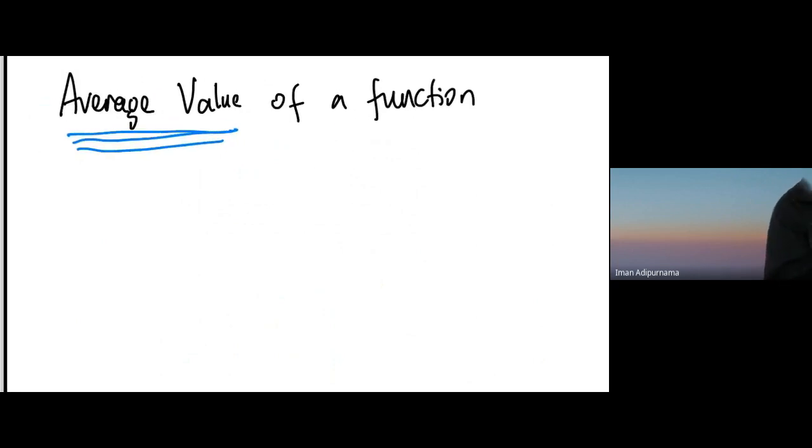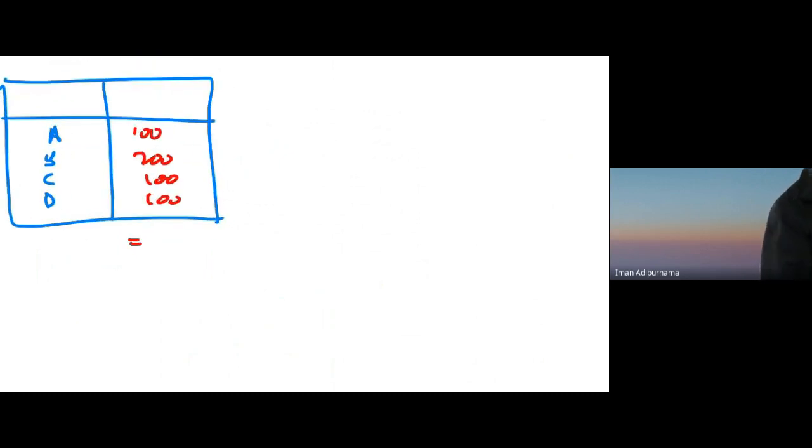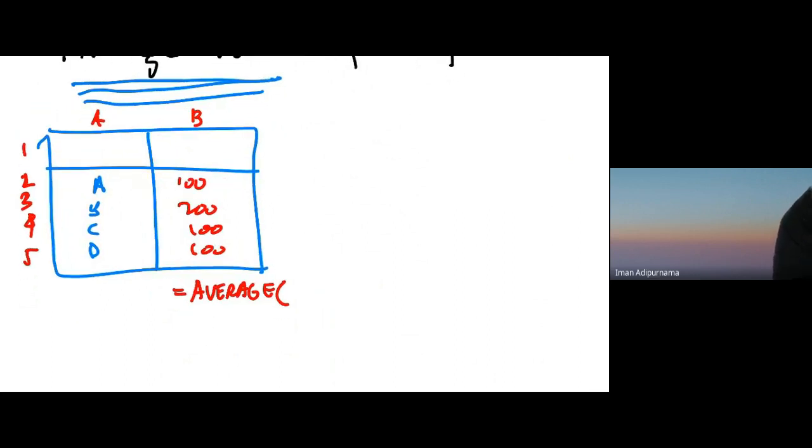if you write down some data, A, B, C, D, with values 100, 200, 100, 100, and you write down average, using equal, then the function average, starting from B2 to B5, what it does is take the average value of 100, 200, 100, 100.